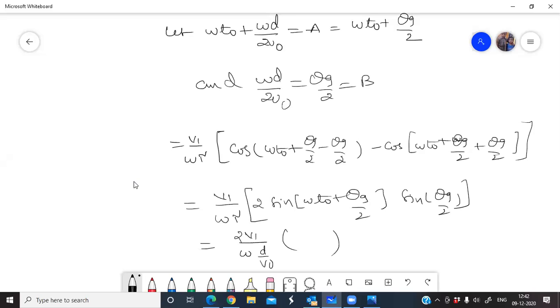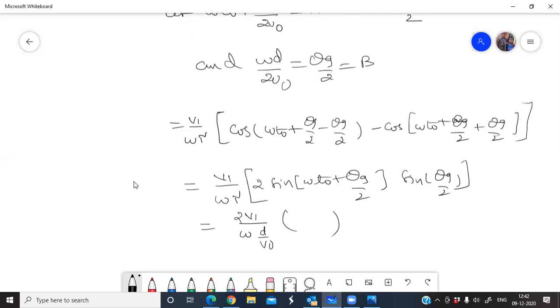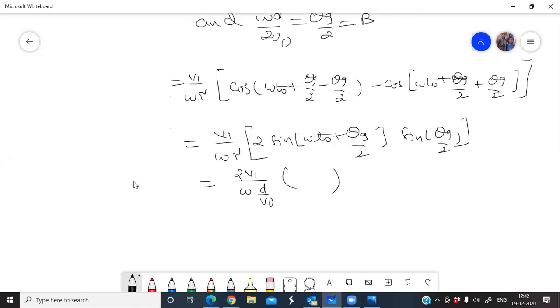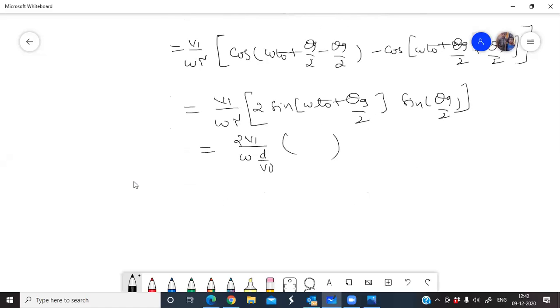So this whole thing equals, finally, 2V1 by omega tau. Directly I want to write the answer: V1 into sin theta g by 2 by theta g by 2 into sin omega t naught plus theta g by 2.